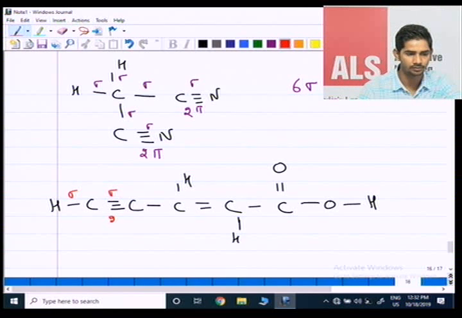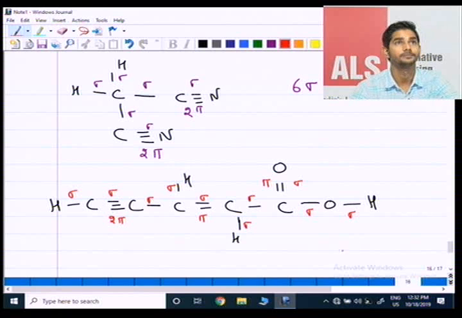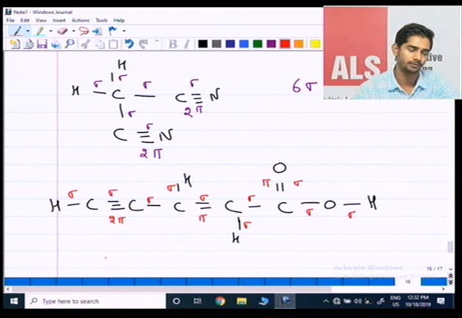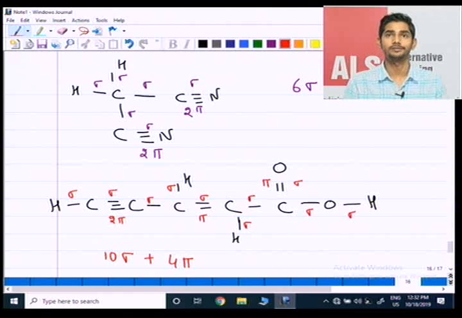Sigma, sigma, 2 pi, sigma, sigma, sigma, pi, sigma, sigma, sigma, pi, sigma, sigma. So let's count: 3, 4, 5 to 7, 8 to 10. 10 sigma plus 4 pi. So congratulations to all of you. You have got the right answer.